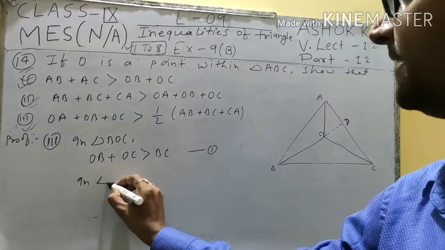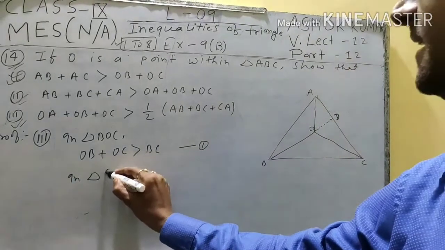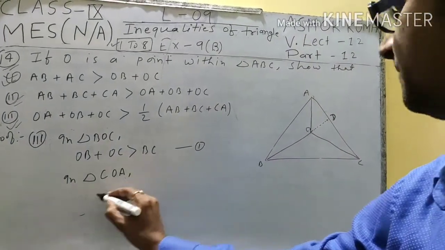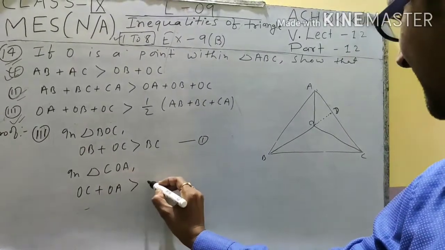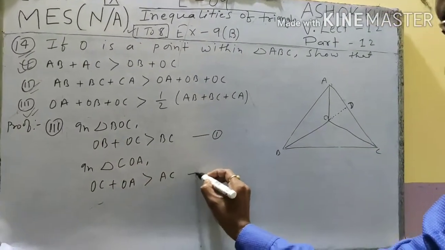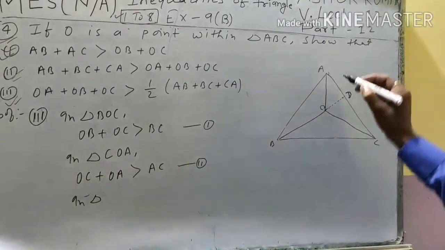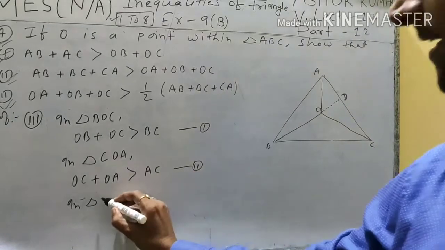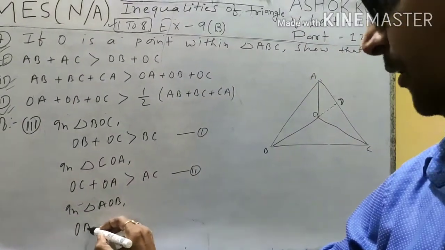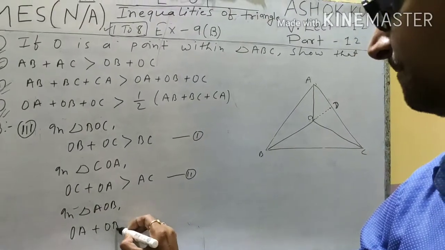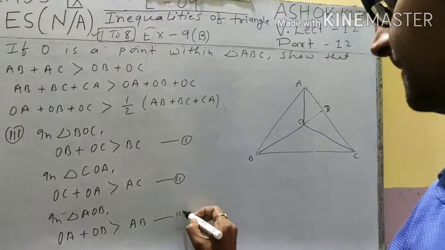Again student, in triangle COA, OC plus OA is greater than AC. This is equation second. In triangle AOB, OA plus OB is greater than AB. Equation 3.